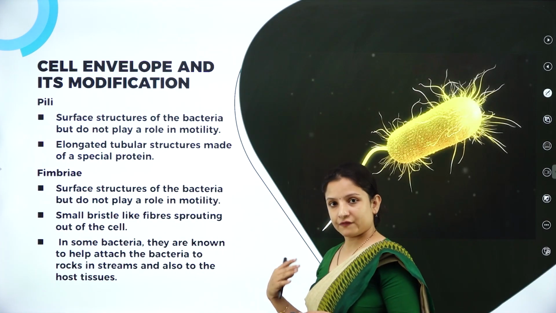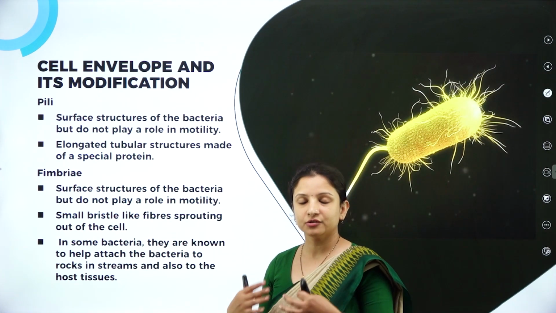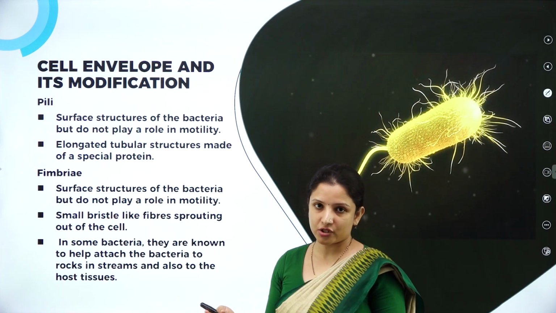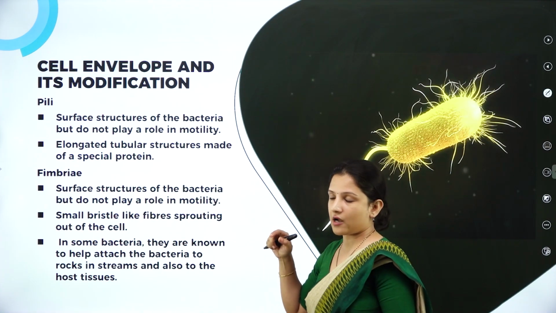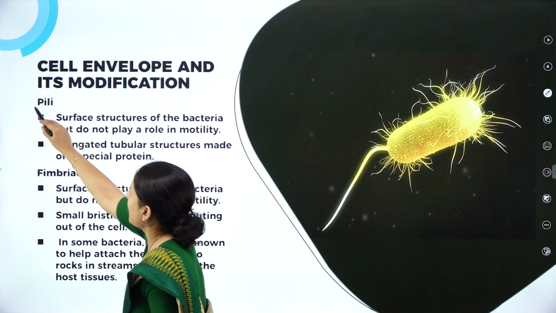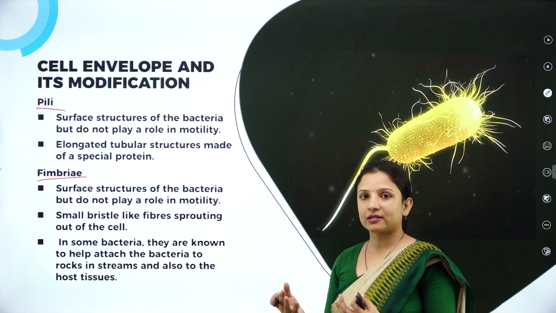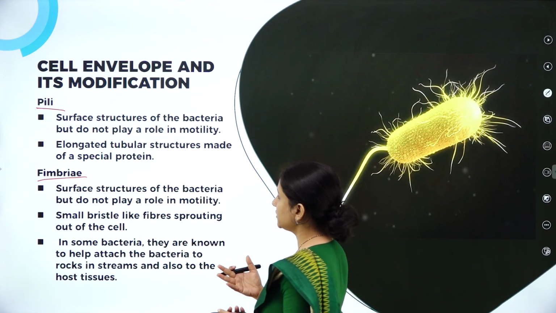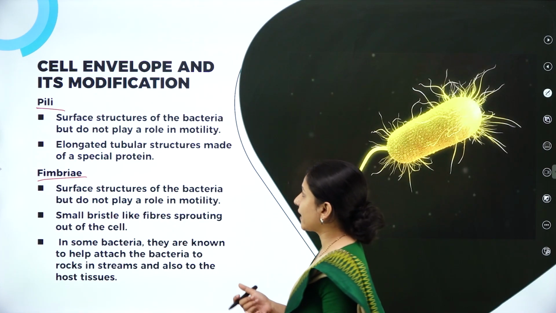Apart from having flagella, some of the bacteria have non-locomotory structures, those which do not help the bacteria to move from one region to another, but still have a particular function, and they are the pili and the fimbriae. Pili are surface structures of the bacteria which arise because of the modification of the membrane of the bacteria.